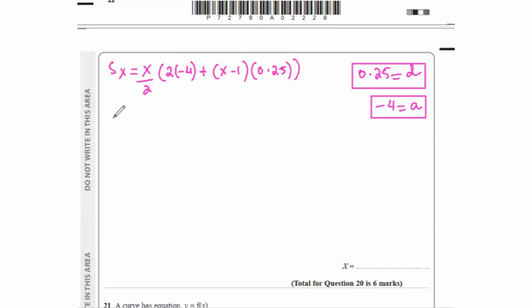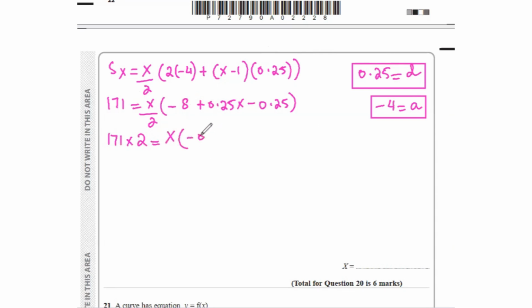So Sx is 171. So 171 equals x over 2 times negative 8 plus 0.25x minus 0.25. Cross multiply, so 171 gets multiplied by 2, and that's x equals negative 8.25 plus 0.25x.